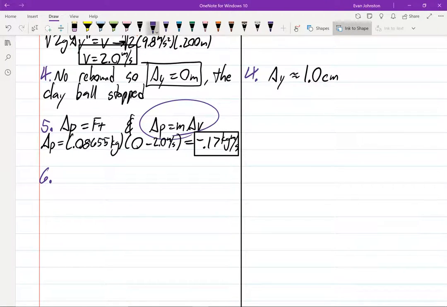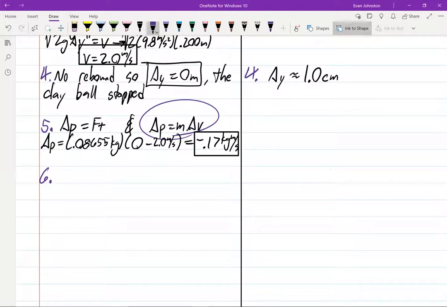I would encourage you that we could definitely think about this in terms of energy, but I want to look at this in terms of momentum. And so momentum is mass times velocity. And we're going from just a small clay ball moving to a much larger wooden block moving.